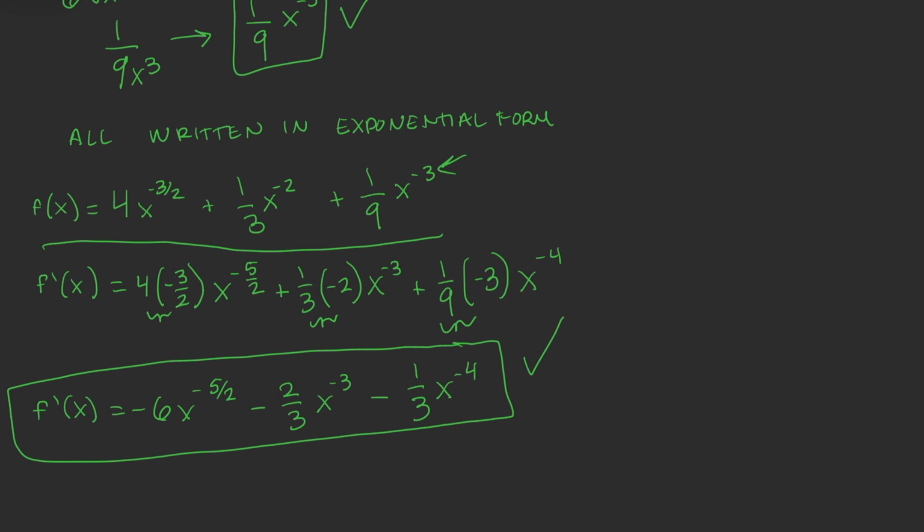That would be our final answer. So we were given a function with a lot of roots. We changed all of the roots that we could into exponents, maybe reformatted a different term. We rewrote it in exponential form, and then we took the derivative. And this right here is our final answer.